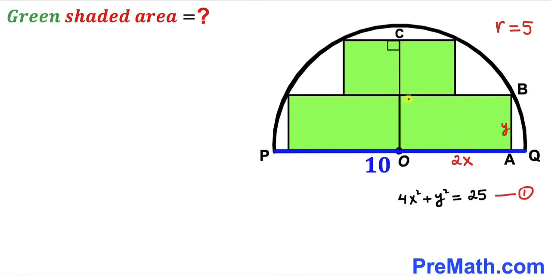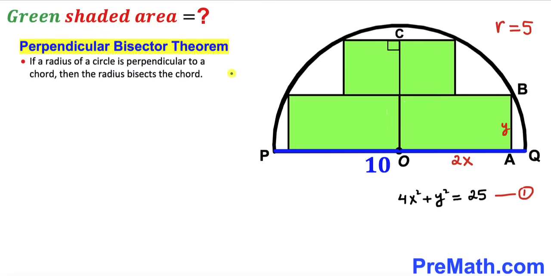In this next step, I have dropped the perpendicular OC onto this chord. Let's recall the perpendicular bisector theorem: if a radius of a circle is perpendicular to a chord, then the radius bisects the chord. So this segment has to equal this segment.